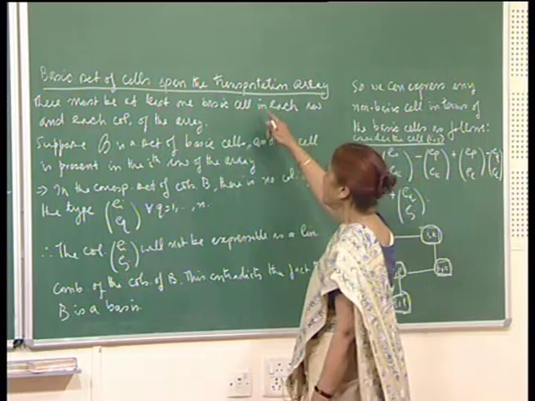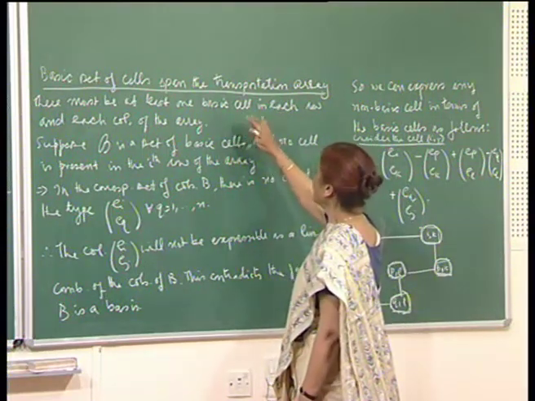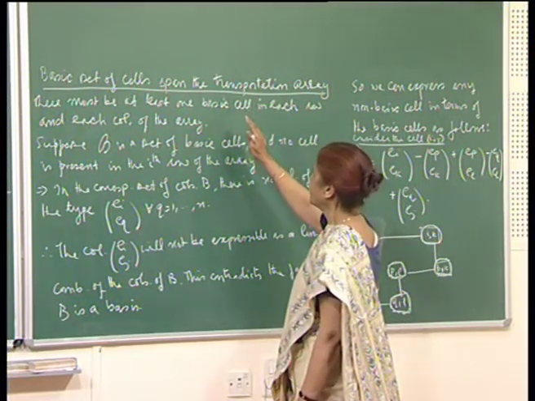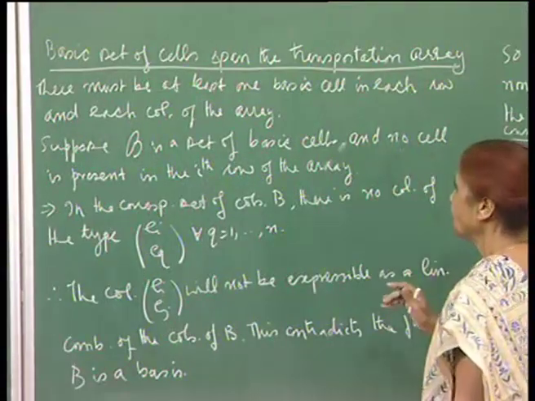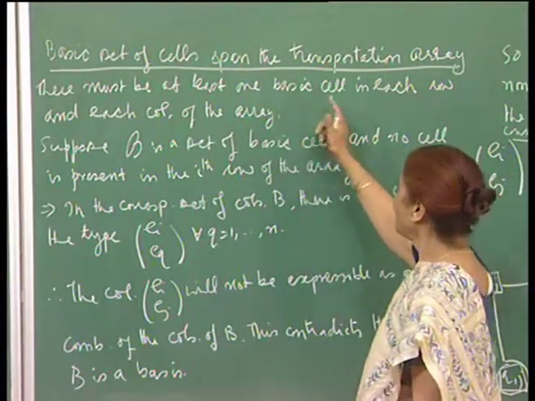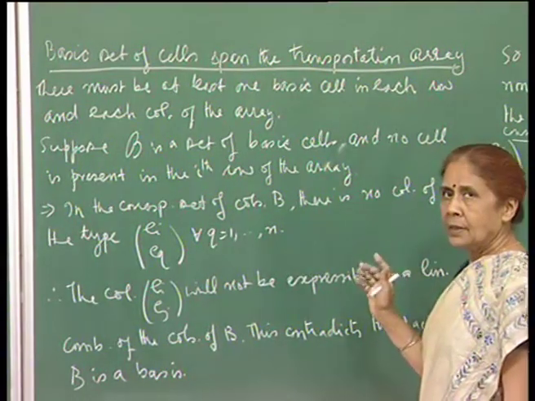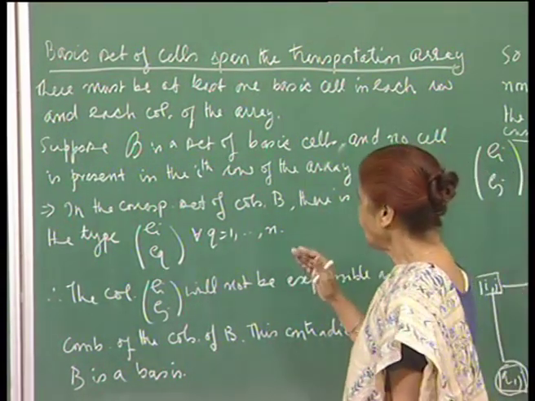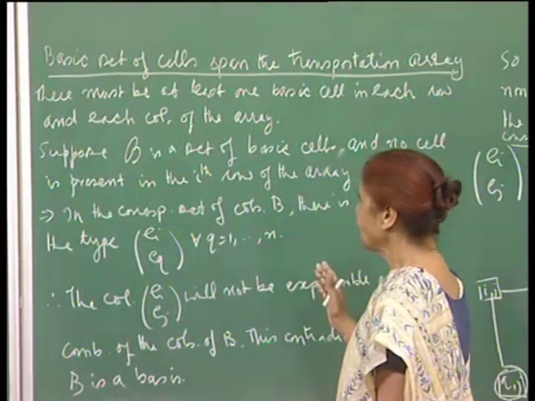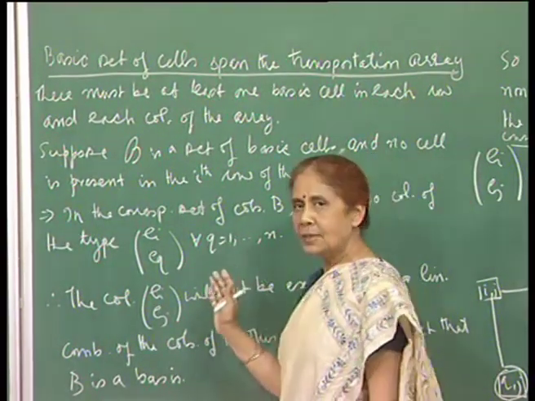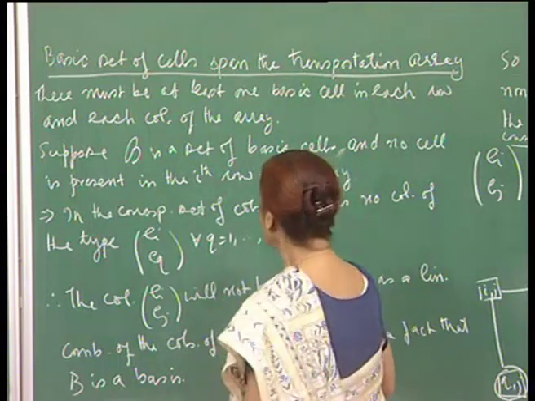But here what I am saying is, what do we mean by the basic set of cells spanning the transportation array? There must be at least one basic cell in each row and in each column of the array. So, there cannot be any row or any column of the transportation array which does not have a basic cell present in it.